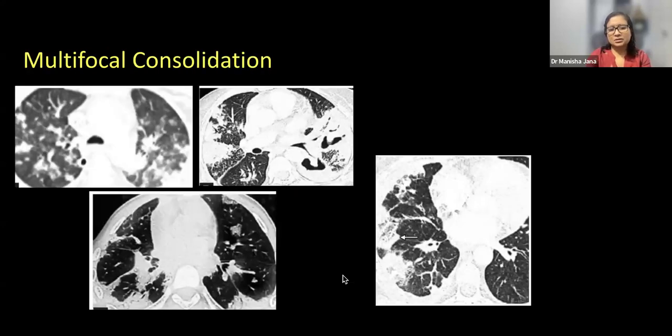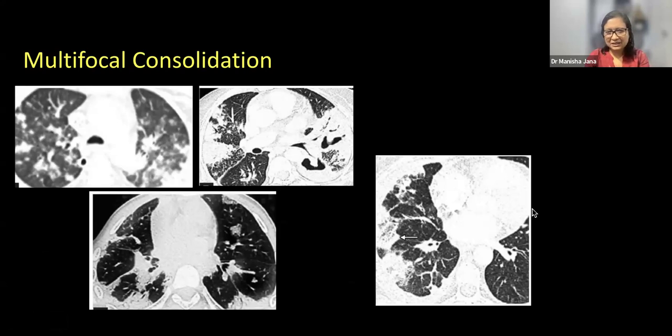Here are some examples of multifocal consolidation. In the upper two panels, we see some consolidations, some nodules, and there is ground glass opacity. What we see is typical lobar consolidation with air bronchogram and cavitation inside. So this is more in keeping with an infective pathology.